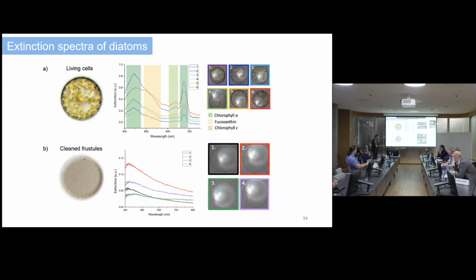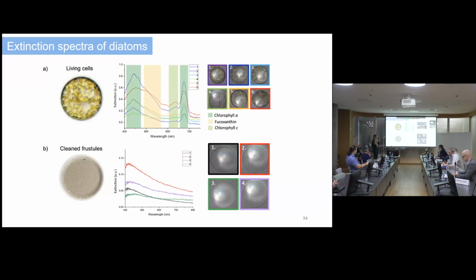Another explanation for this choice of wavelength is the extinction spectrum of chlorophyll A, which is the main chromophore in diatoms. So we see this absorbance band here, and besides chlorophyll A, diatoms also contain other chromophores such as carotenoids.